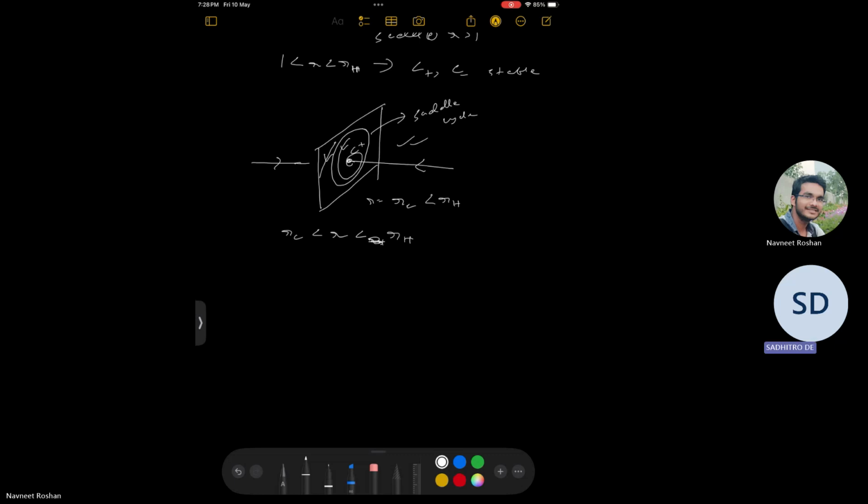And as r increases, the radius of this unstable cycle decreases, and finally at r equal to rh, there is a subcritical Hopf bifurcation.